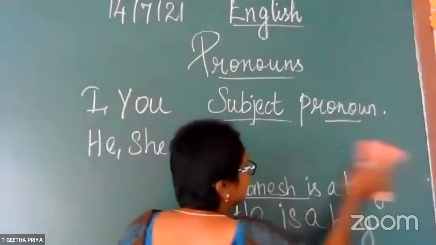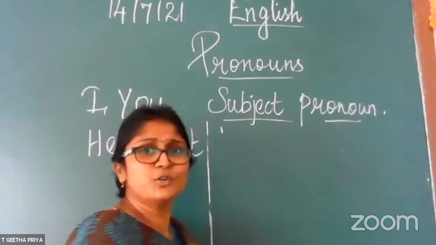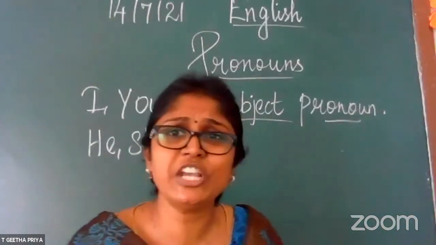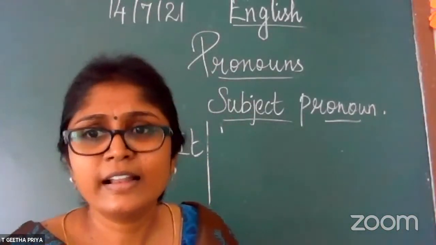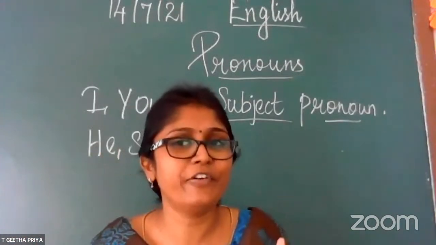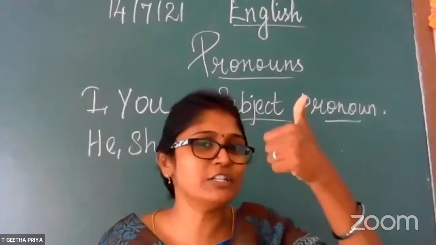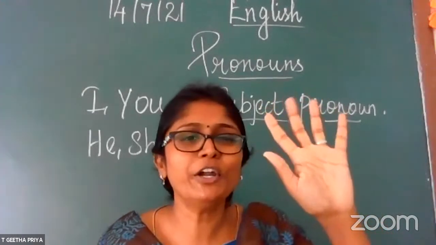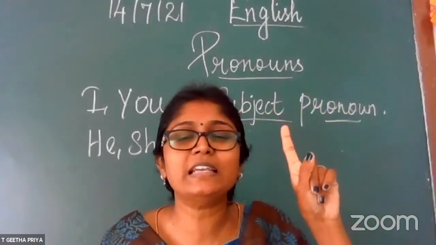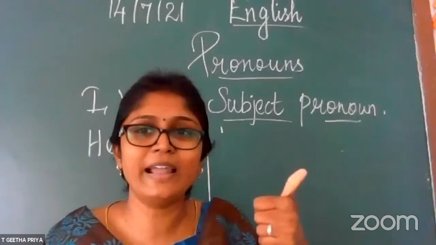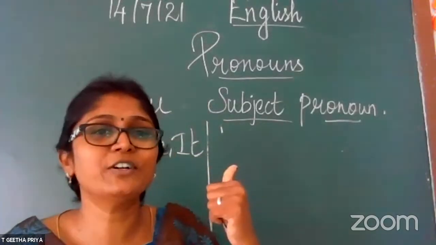So where do we use she? Where do we use she, children? For girls. Girl, ma'am. Very good, children. Super. So I want you to answer one at a time, please. Only then we can get it right. Girl. Very good, children.